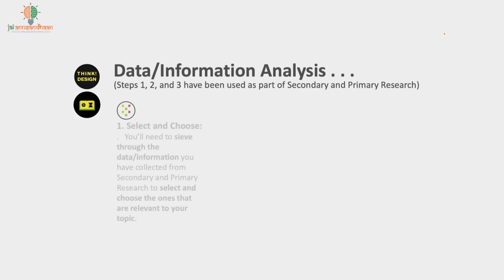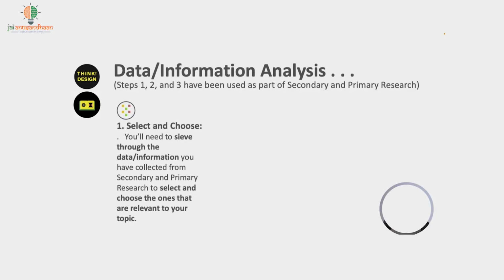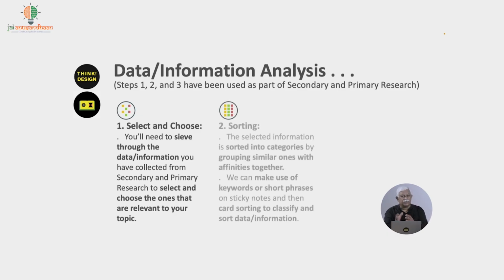So if you look at it, there are some steps to it. The selection is the first step, and you'll see that we've already done part of it in the primary and secondary research. When we got the information, we had to actually select this information. Then we also did sorting. That means you put it into different categories which have some affinities into similar categories, right?